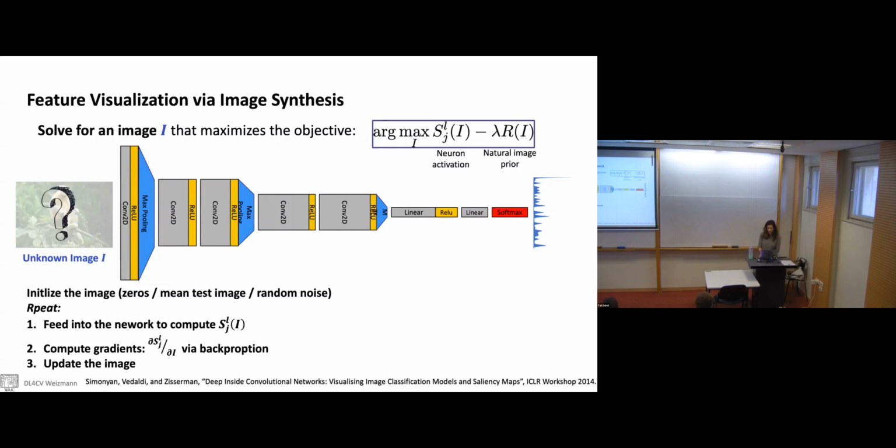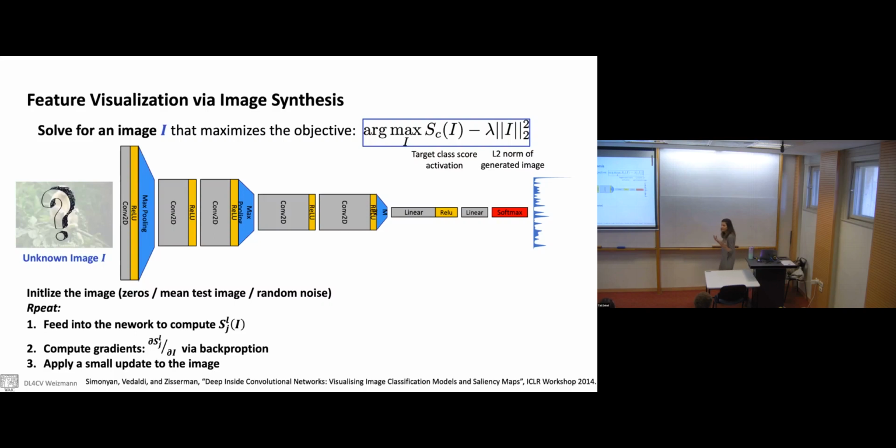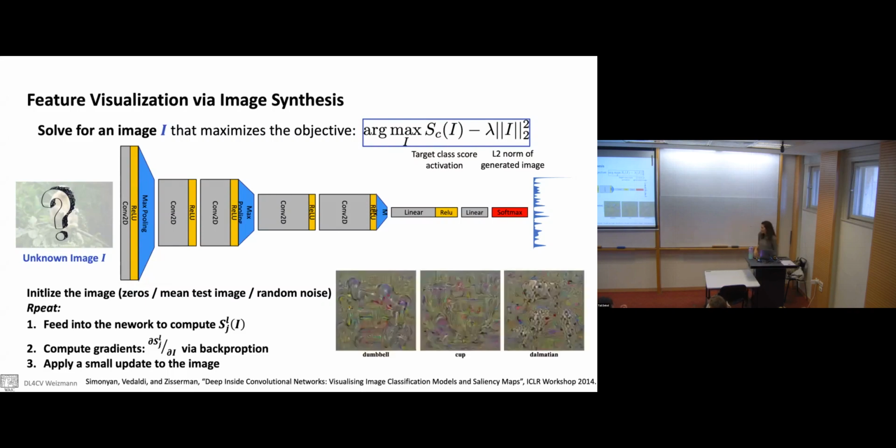And again, I should say that this natural image prior is really important. One naive, very simple choice of such a prior could be just the L2 norm of the generated image. So I want my image to have small values. It's a form of regularization, not a very fancy one, but even using such a naive prior, we can already get some meaningful results.